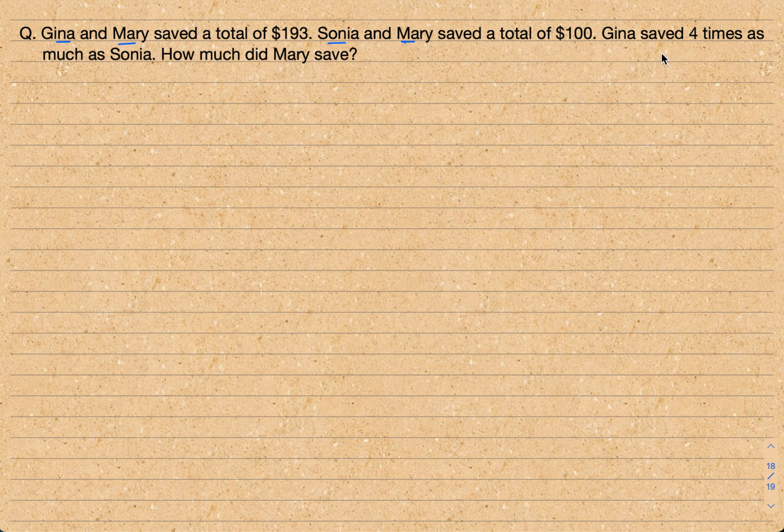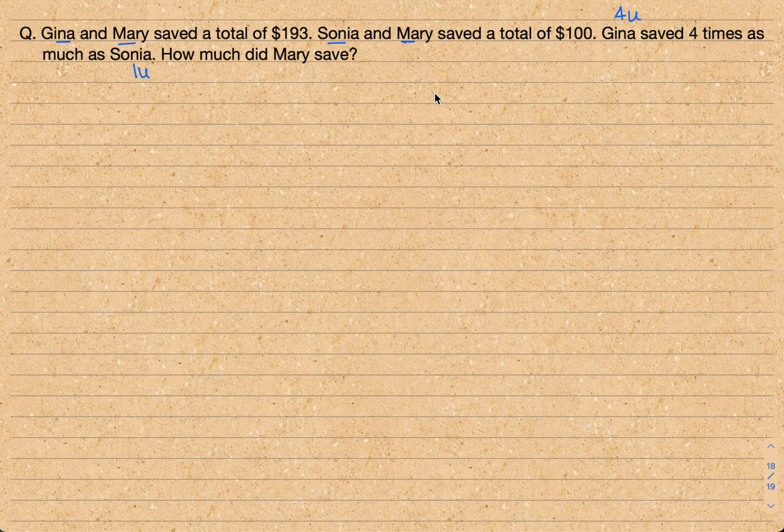Now there is another relationship. Gina saved 4 times as much as Sonia. That means if Sonia is having 1 unit of money, Gina is having 4 units of money, because she has 4 times as much as Sonia.